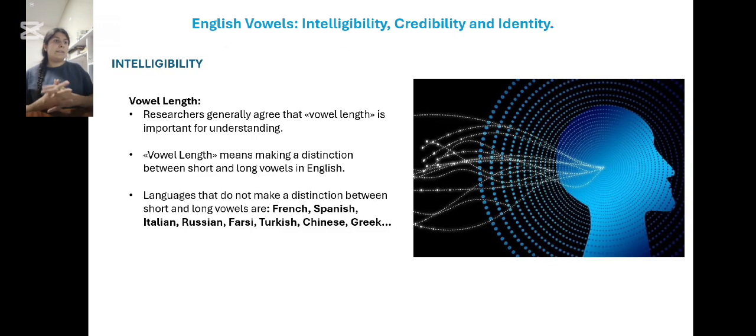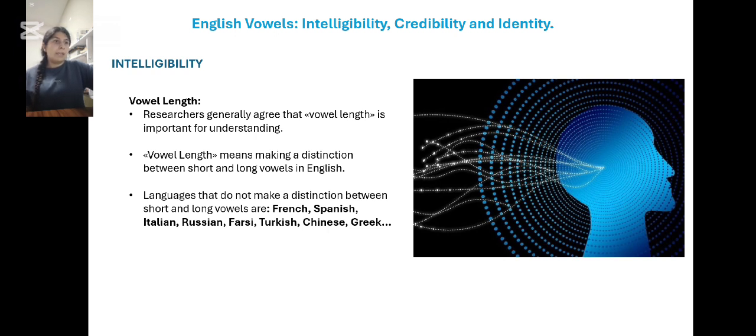Now we can move on to intelligibility in vowels. What are they? For example, the first one is vowel length. Researchers generally agree that vowel length is important for understanding. Vowel length means making a distinction between short and long vowels in English.